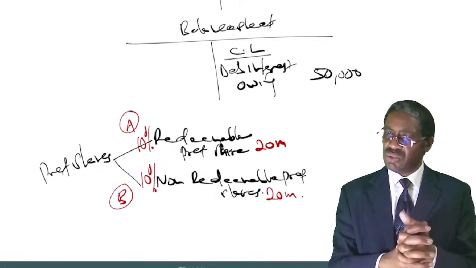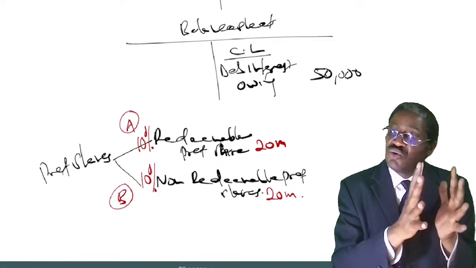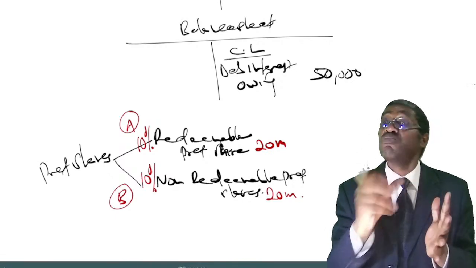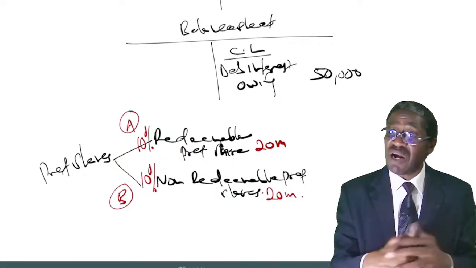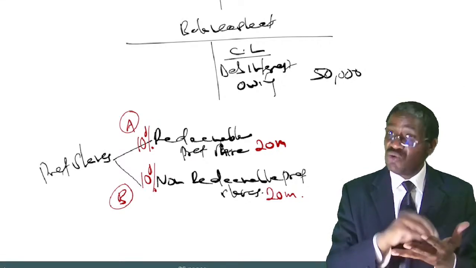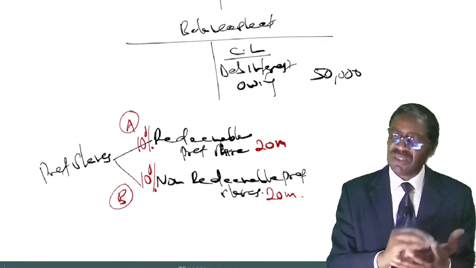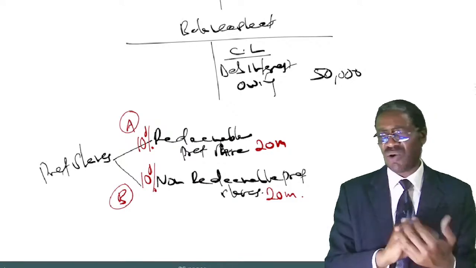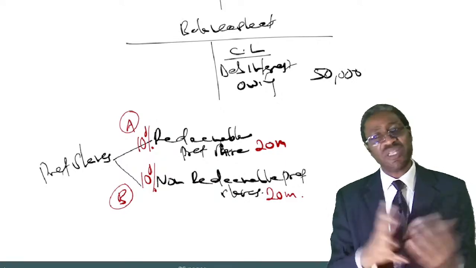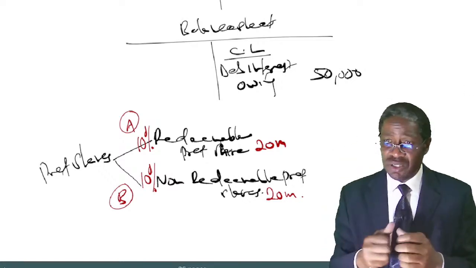So 10 years ago, when you were issuing the shares, you told the shareholders, a time will come in the future, I will have to pay you back your 20 million and you bring back my share certificate. It means you will be required to pay back that 20 million. But company B, when they were raising the 20 million, had no obligation to buy back those shares.